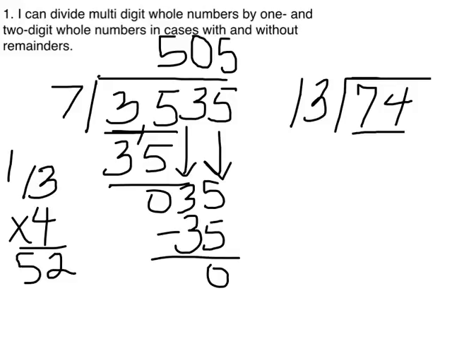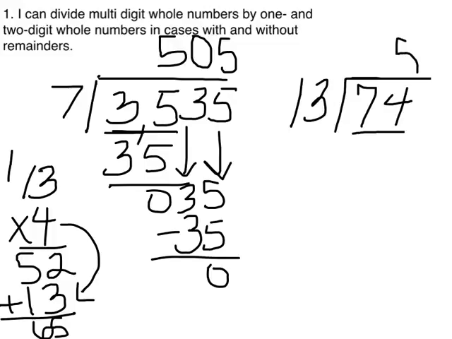4, 5, 52. Can I get another 13? I think I can. I'm going to add that 13. I just added one more 13, so that's the 5th. 3 and 2 is 5. 65. So 13 times 5 is 65.